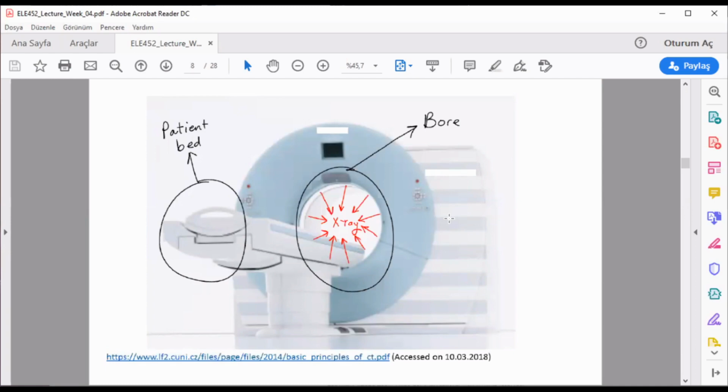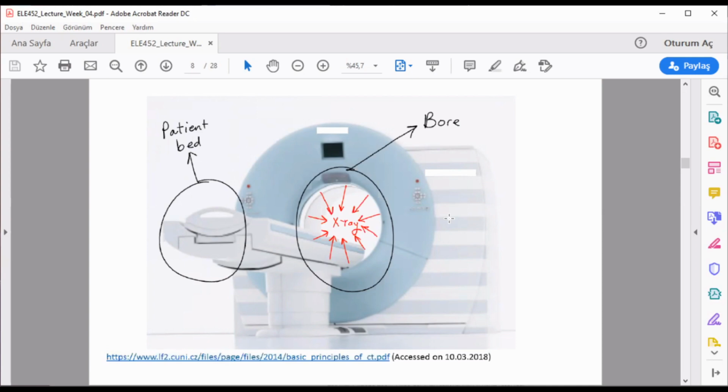X-rays, indicated with the red arrows, are sent through the bore or gantry of the system to the patient. The tube and the detectors rotate in the gantry, and the X-rays are detected by special detectors, usually solid state electronic detectors.